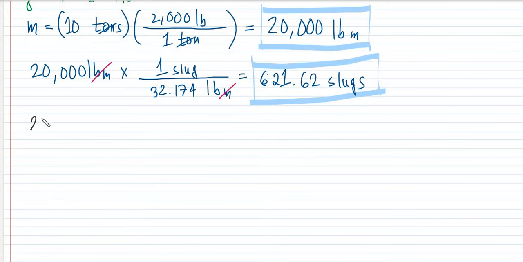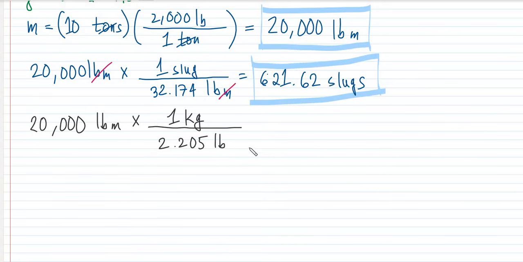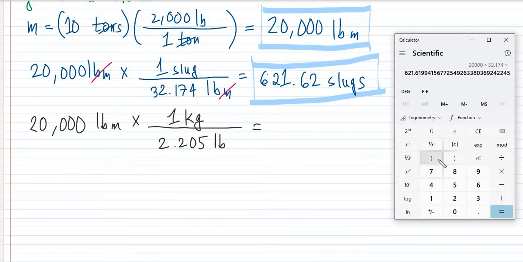So again, we have 20,000 pound mass times, for this one, 1 kilogram is equal to 2.205 pounds. Okay? So on the calculator, we have 20,000 divided by 2.205.